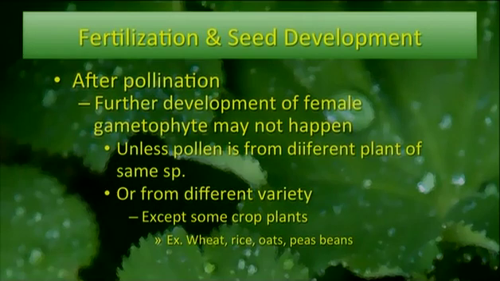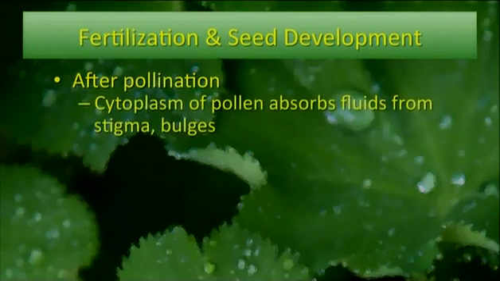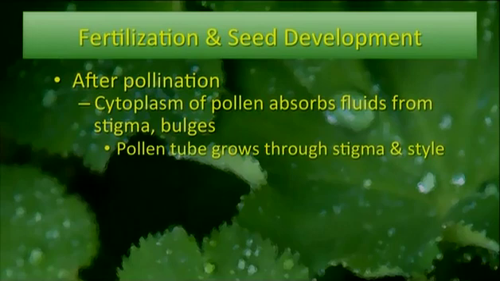Anyway, after pollination, if everything's right, all the systems are go, the cytoplasm of the pollen absorbs fluid from the stigma. The cytoplasm of the pollen bulges, and it actually forms a pollen tube.